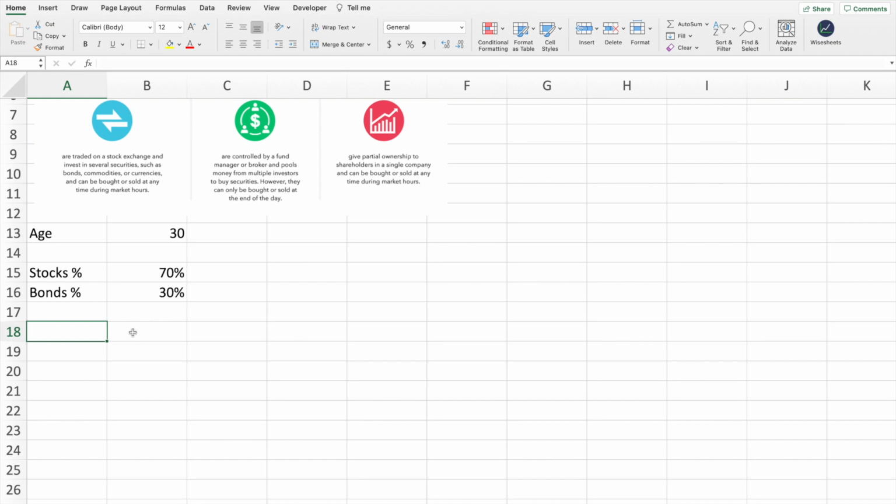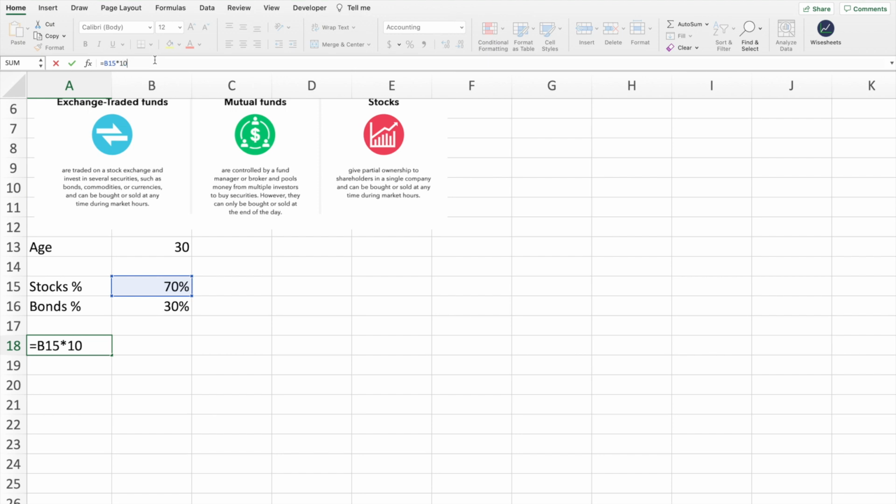In that case, you take 70% times the $10,000 that you're going to invest, so you're going to invest $7,000 into stocks. You can further break this down into different types of stocks. You could say, out of the 7,000, I want to invest 50% into growth stocks, 40% into safe stocks, etc.